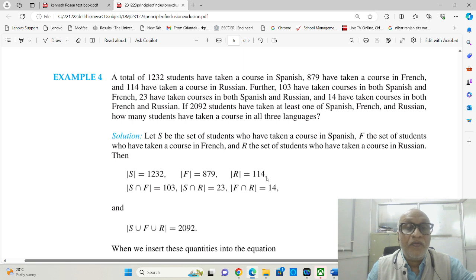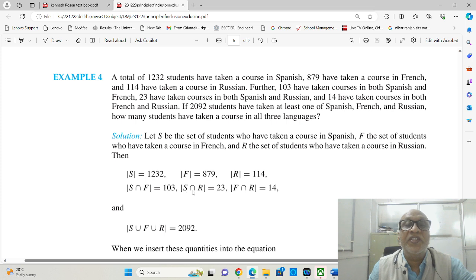Now there are 103 students who have taken both Spanish and French. So S for Spanish, F for French. Both Spanish and French means S intersection F, common elements. So that will be 103. Now there are 23 students who have taken both Spanish and Russian.